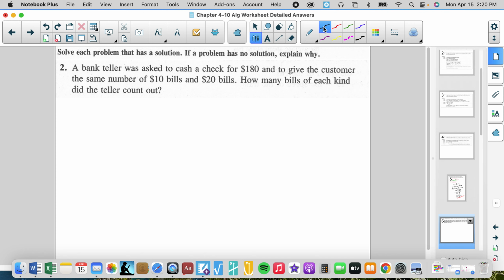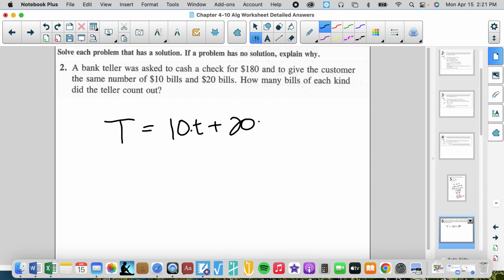So we know that the total amount is going to equal $10 times every $10 bill, and we're going to add it to 20 times every $20 bill. Actually, let's do this. We can do times little t, and 10 and 20, those are the same.